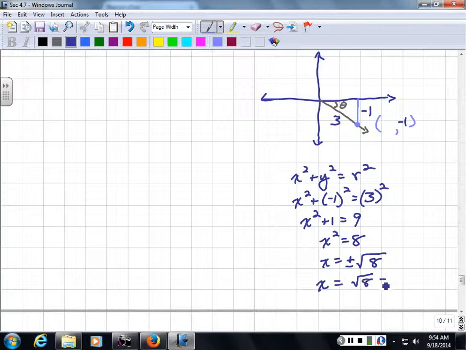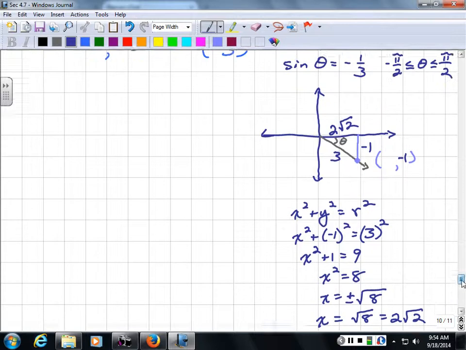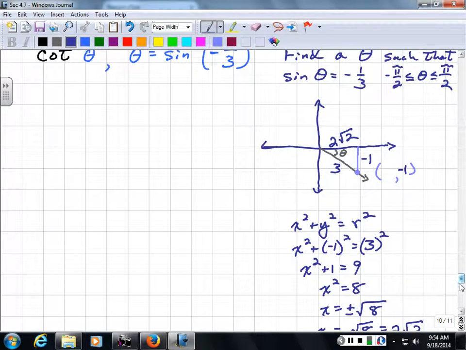But what is the square root of 8? It's 2 square root of 2. I didn't need a calculator, did I? That's going to be my adjacent. And what was I looking to find? The cotangent of theta. What's the cotangent?